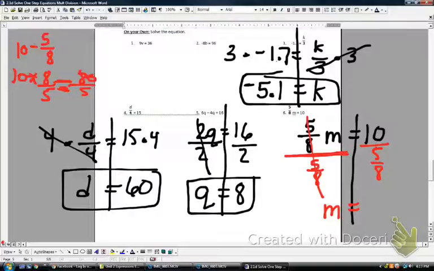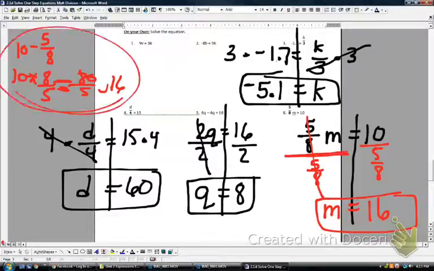And 80 divided by 5 is 16. So m equals 16. So over here in red, I used some of the things that we learned when we did fractions. To divide fractions, first number stays the same, change division to multiplication, and flip the second fraction. So that's how I got that, and you can check that and it should be right.